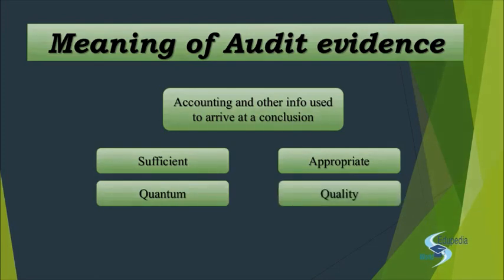So when we talk about sufficiency, it talks about the quantity, quantum, and appropriateness basically deals with the quality, right?